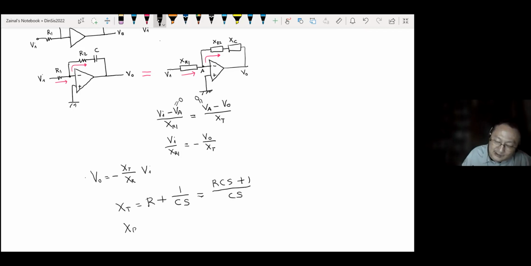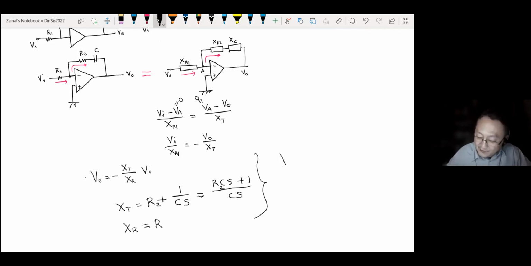XR is just the same as R2, while this one is the same as R. Therefore, if you substitute, VO is the same as minus, this one is R1, so this becomes R2CS plus 1 divided by CS divided by R1, so R1CS multiplied by VI.